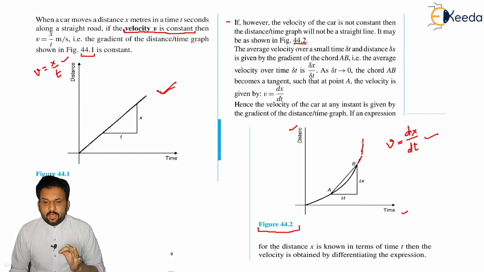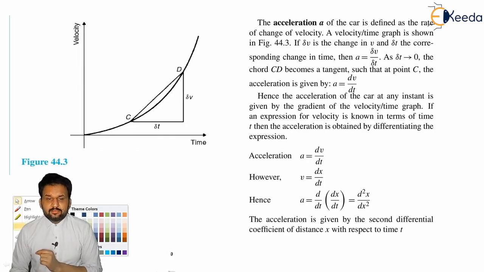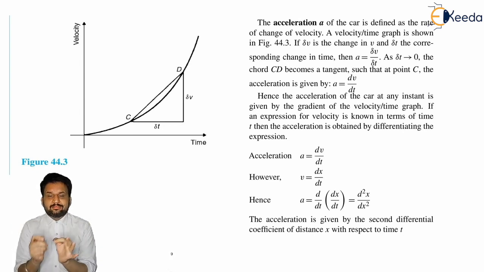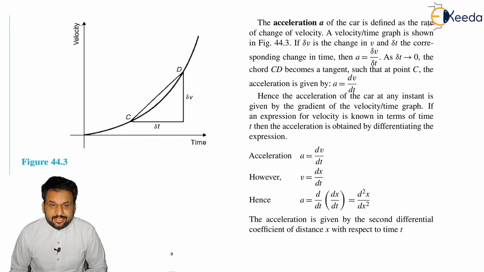Here, if the distance x is known in terms of time t, then the velocity is obtained by differentiating the expression, that is dx by dt. Now I'm giving you another figure, 4.3, where one axis is velocity and the other is time.